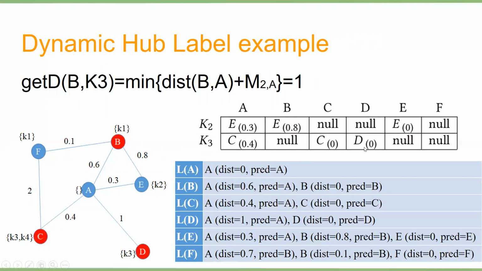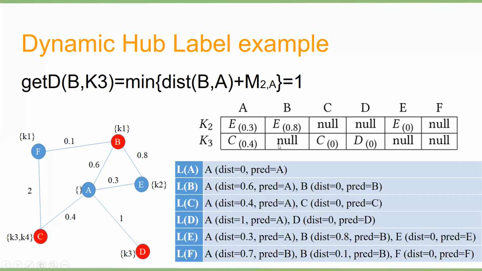Now let's see how we modify get distance. Because K3 now is a hash table, we need to hash the labels of B to get the corresponding distance. For example, for the distance between A and K3, we hash A to the location of A, and the distance is 0.4 plus 0.6, it's 1.